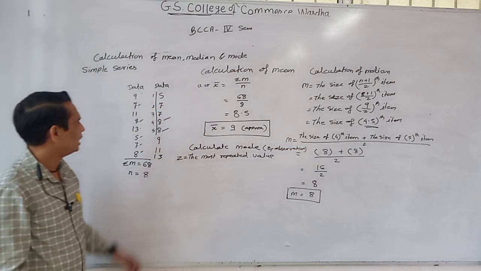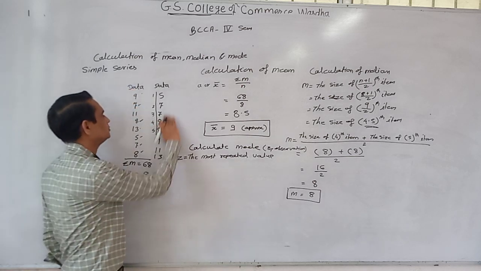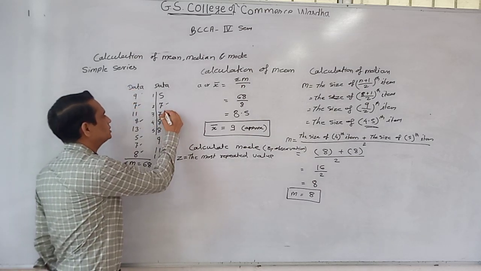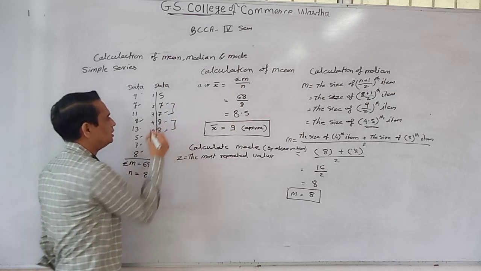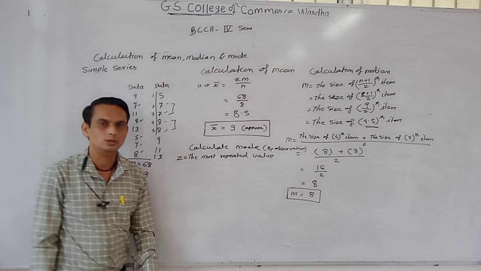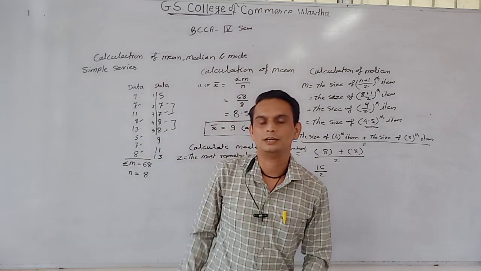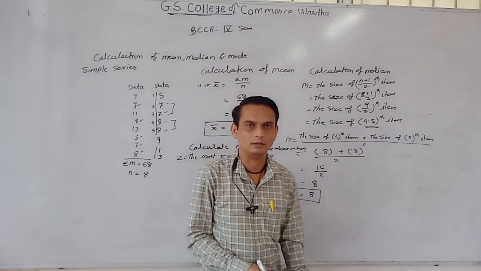Most repeated value: we have 7 two times, 8 two times. Here we have two values that are repeated, 7 two times and 8 two times.